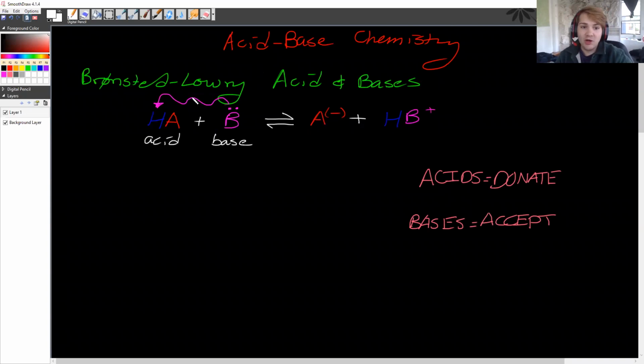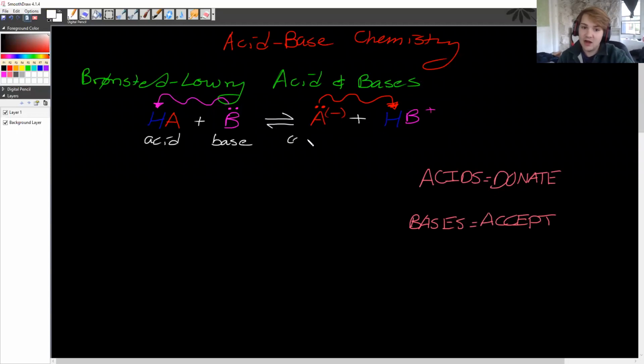What's special about Bronsted-Lowry that separates it from the other definitions is that it sets up this other half of the equation, where there's no reason why this leftover A species can't reach out and grab the hydrogen. And so what this is telling us is that this A negative is acting as a base.